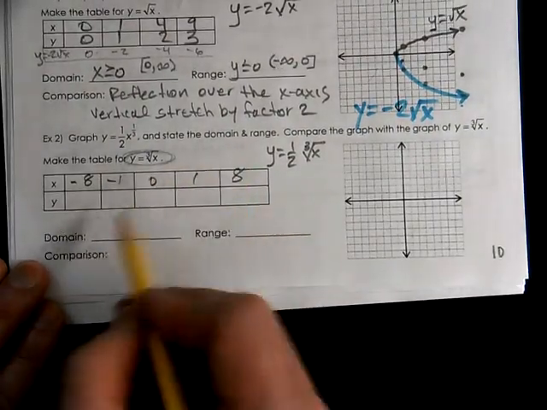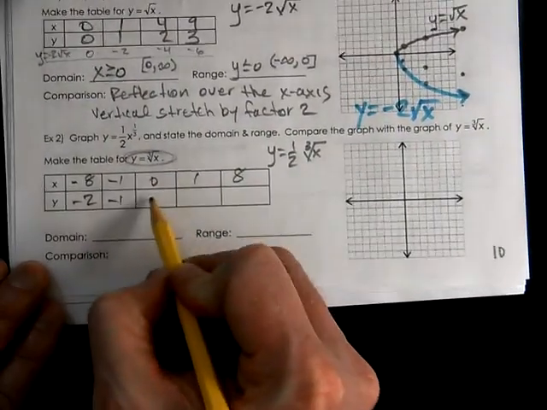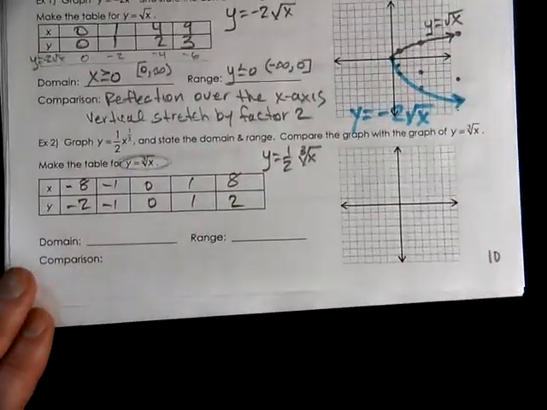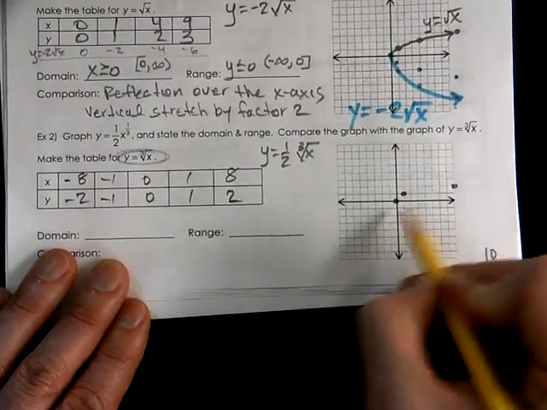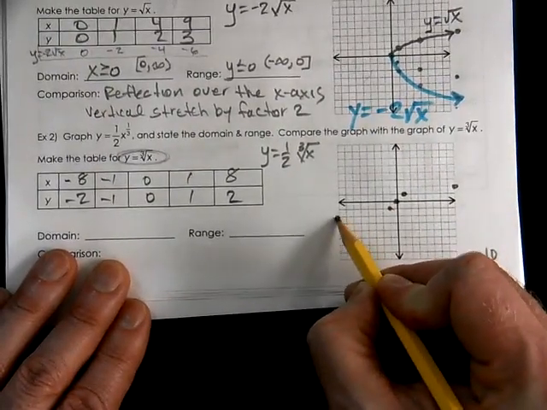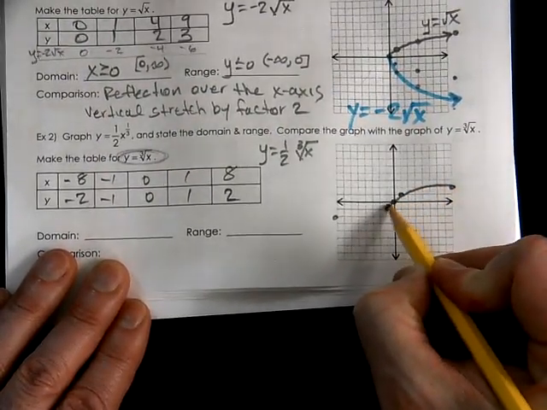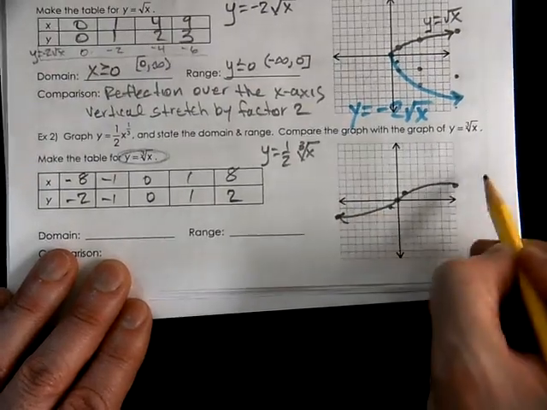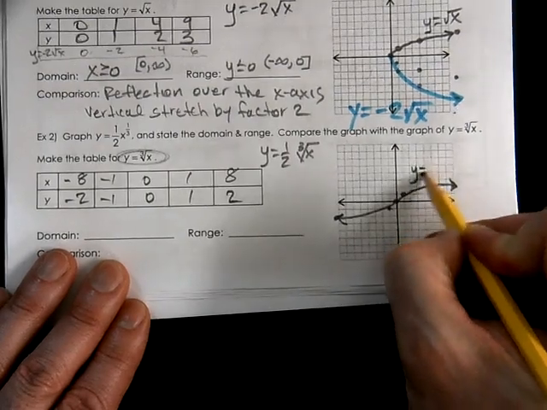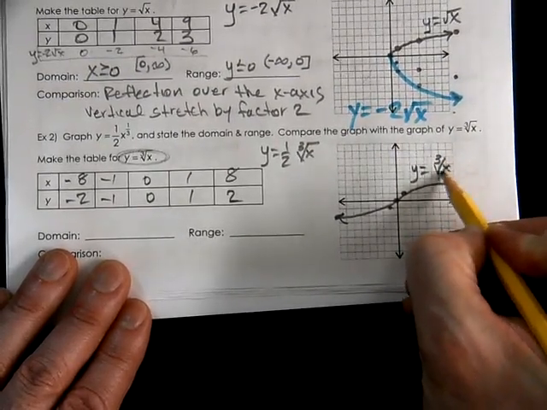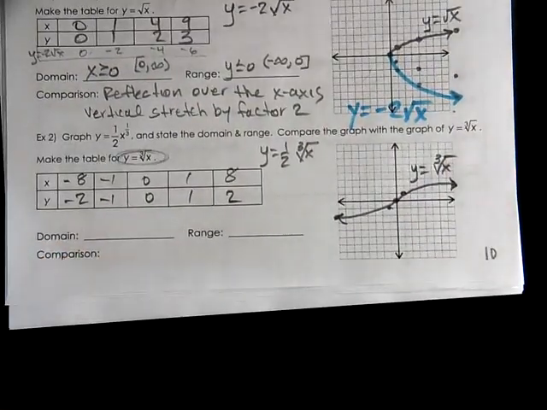The cube root of those numbers, negative 2, negative 1, 0, 1, and 2. And we can easily graph those. And that's y equals the cube root of x. That's a parent function.